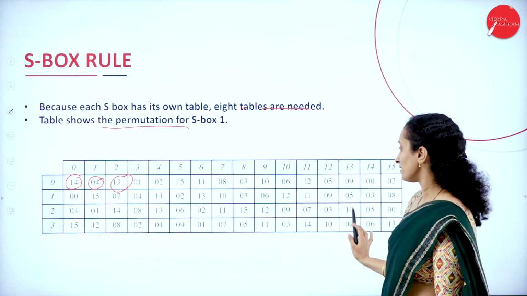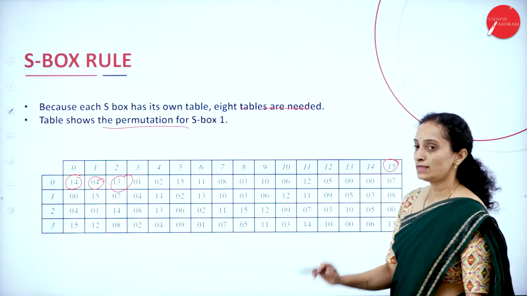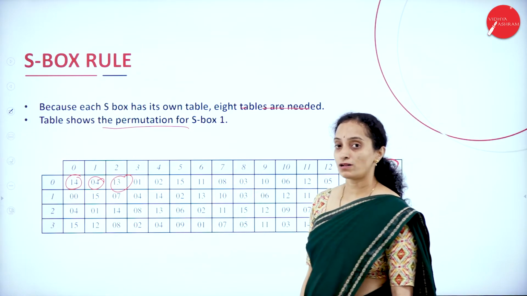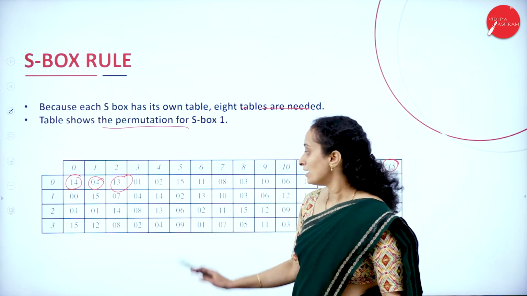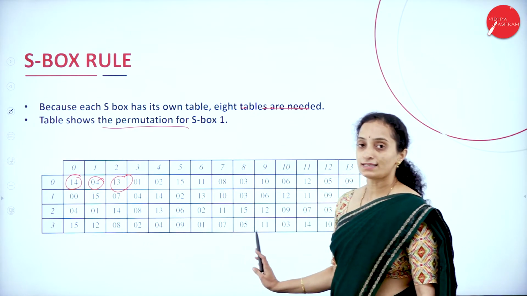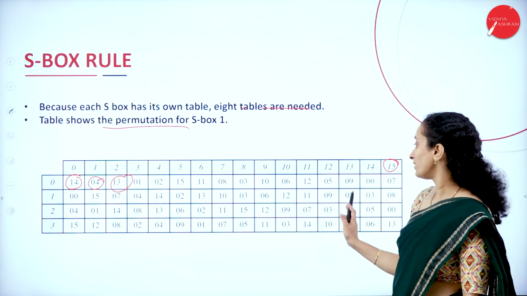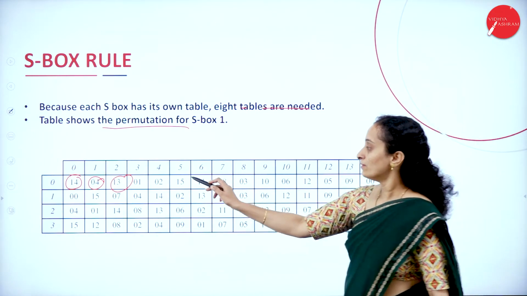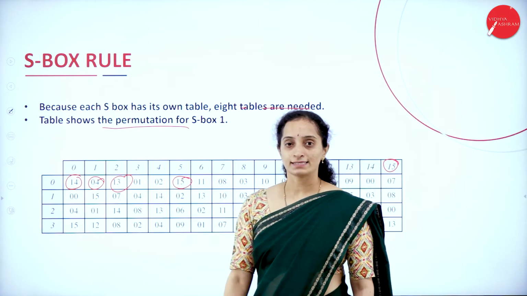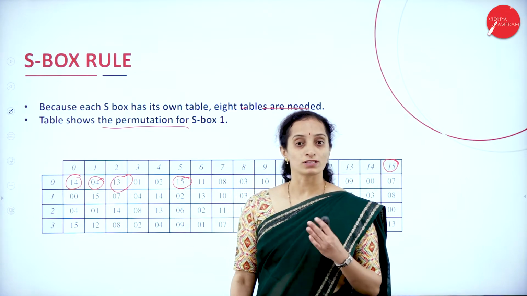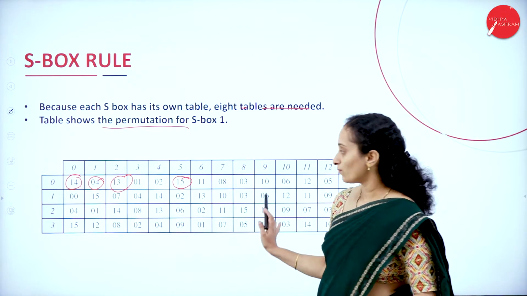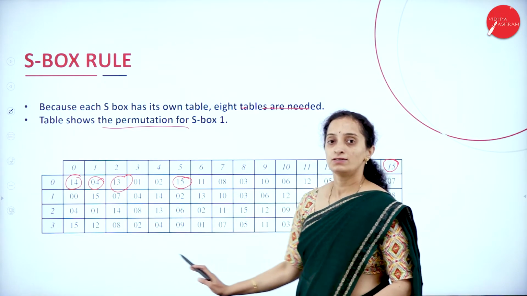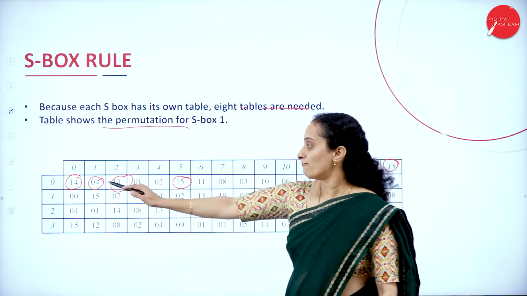You can observe that the maximum value in this table is 15, so the output doesn't exceed 15. More than 15 is not here; only up to 15 can be the output value.